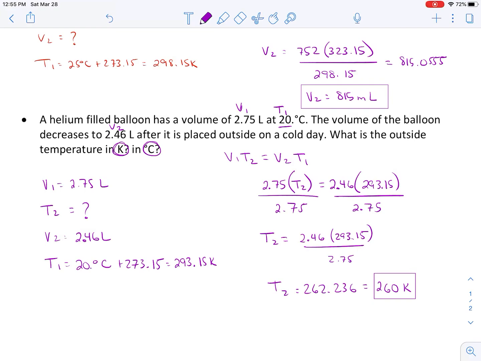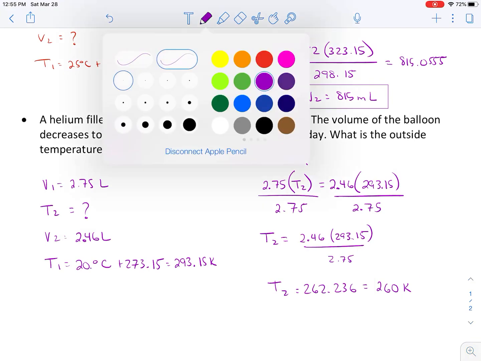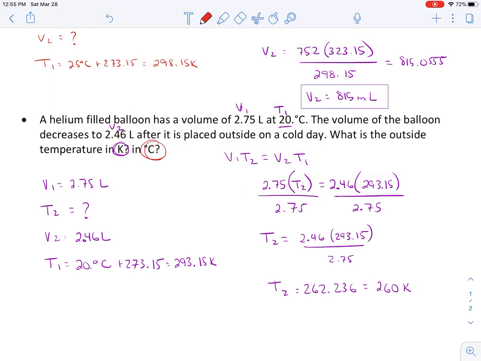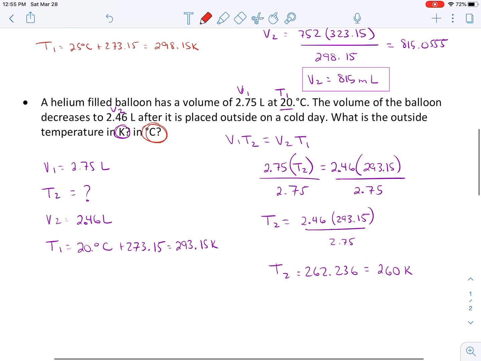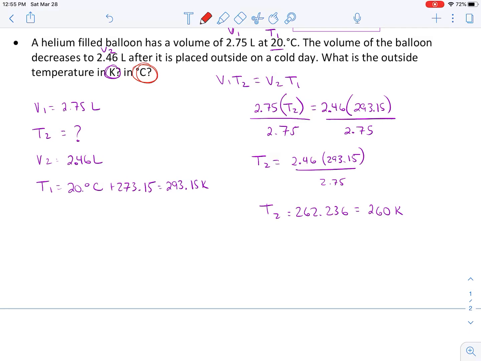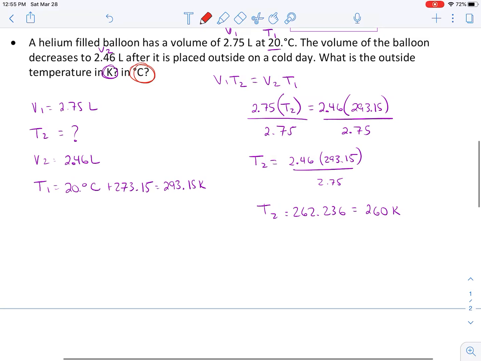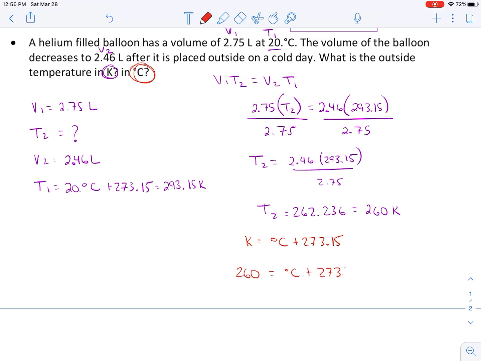All right, 260 Kelvin. But the other question we have, let me change colors on this, is we're also supposed to take that to Celsius. So we have to take one more step, and we're going to remember that Kelvin is equal to degrees C plus 273.15. And we know that 260 equals degrees C plus 273.15.